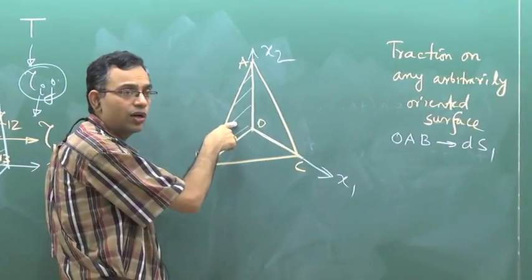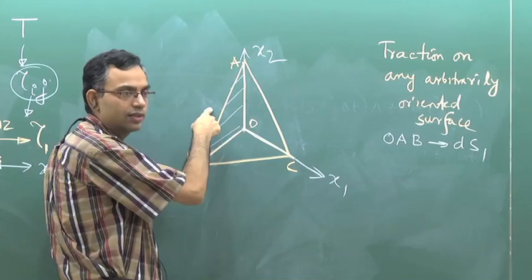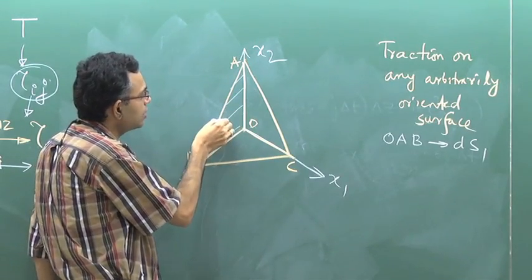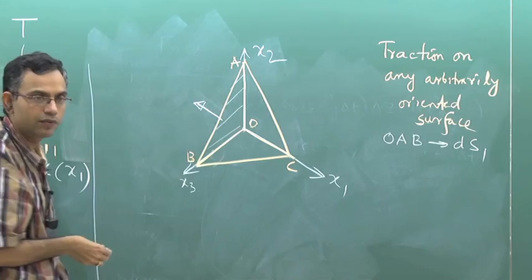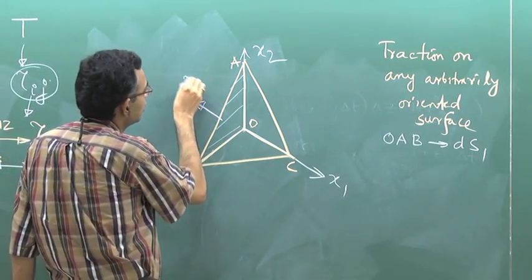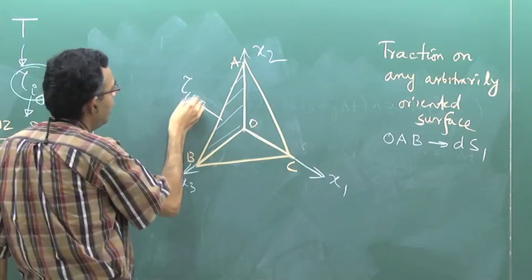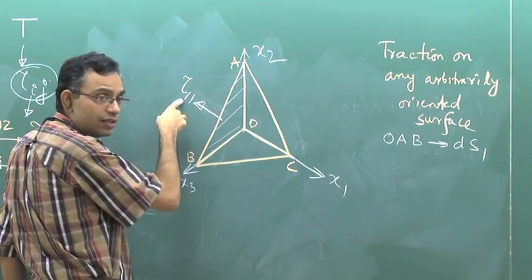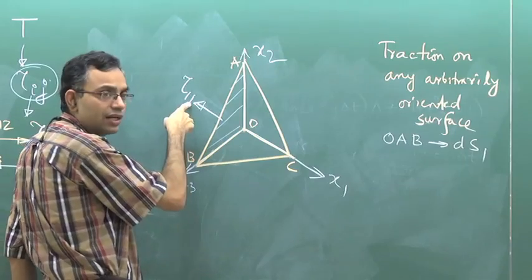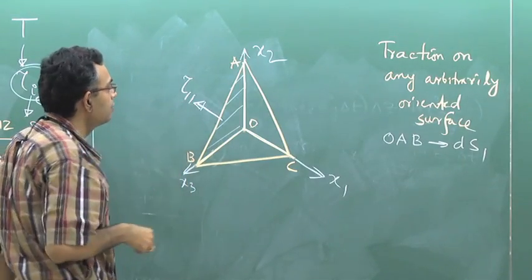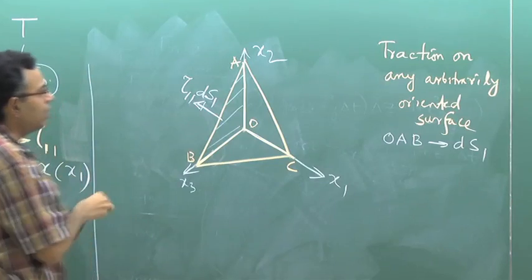What is the direction normal to this surface? Negative of x1, right? So, the force along x1 will be shown along negative x1 by sign convention. So, this is tau 11, where the first index is the direction normal and the second is the action of the force, into, this is per unit area, ds1. So, tau 11 into ds1.